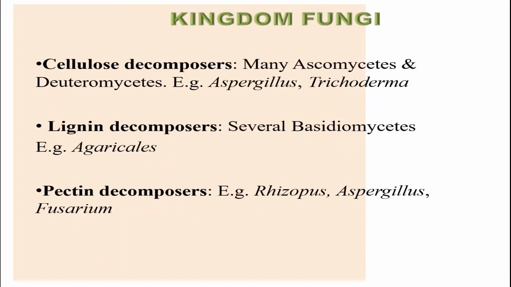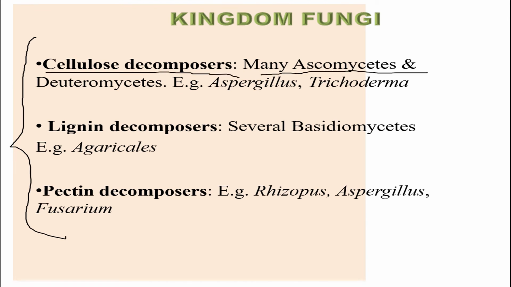So with this, talking about kingdom fungi, what are its roles and the different sorts of fungi that are present. Talking about some of the cellulose decomposers: many Ascomycetes and Deuteromycetes act as cellulose decomposers, and some examples are Aspergillus and Trichoderma. After the cellulose decomposers, we'll talk about lignin decomposers and then the pectin decomposers. Under lignin decomposers, there are several Basidiomycetes fungi, and some examples are Agaricales.